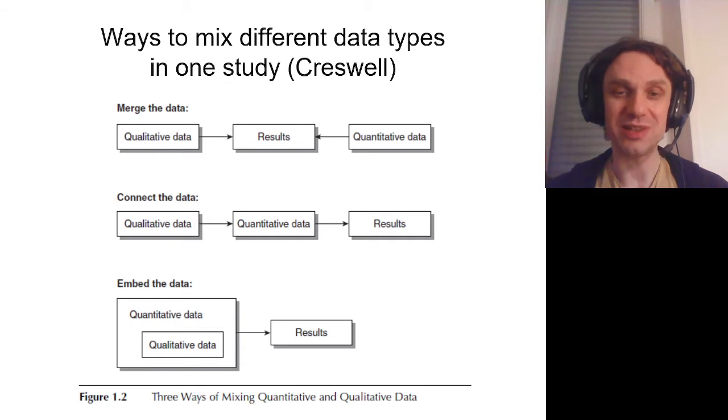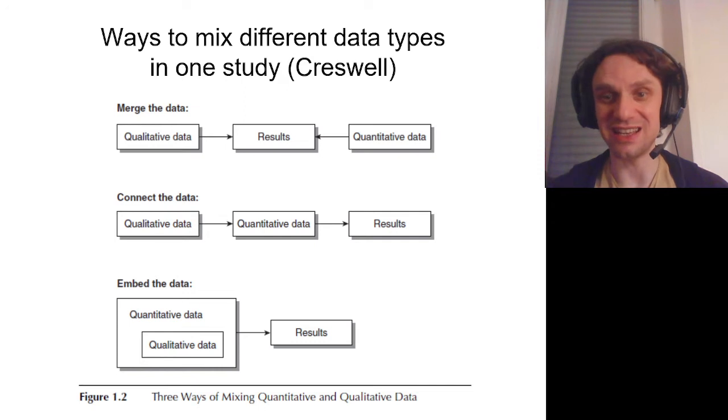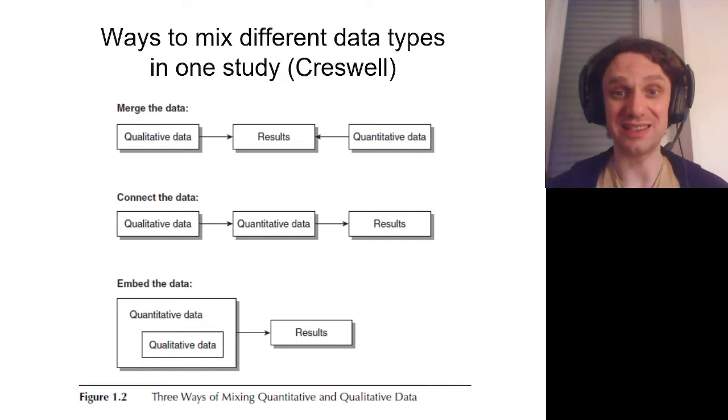Merging the data is basically when you collect qualitative and quantitative data more or less simultaneously, and you analyze them independently, and then at the level of interpretation, at the level of results, you combine these findings and you kind of generalize upon them.